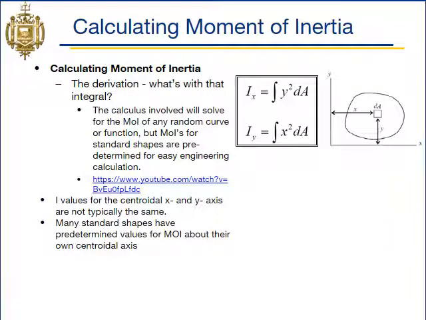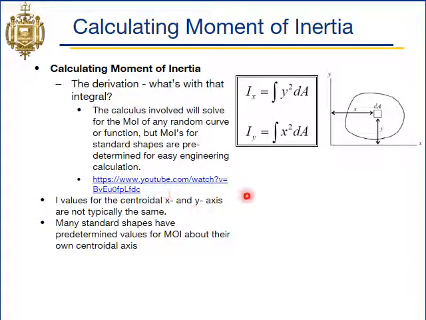So how do we calculate the moment of inertia? Well, we would do some integration, which ends up being a pretty tough calculation. But with the integration, you could potentially solve moment of inertia of any shape. If you're really interested in the integration, go ahead and watch this video here.